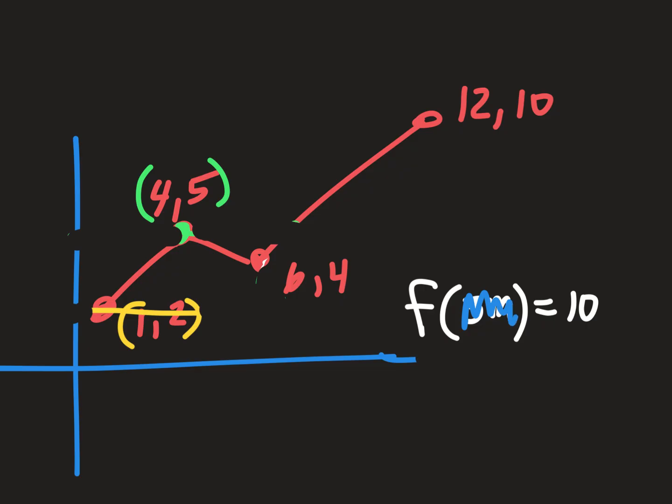F of what is 10? F of 12 is 10. And then you can put together, so 3m must be 12, right? 3m, the thing that's underneath the squiggle there, must be 12. So m must be 4. Who had 4 in their head before I said it? Nice.